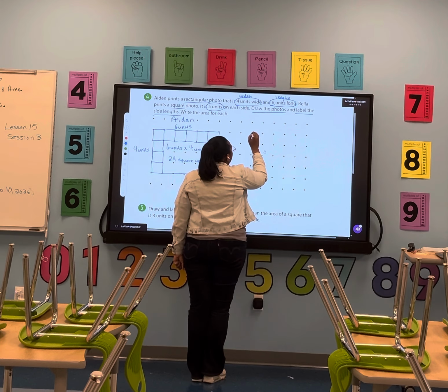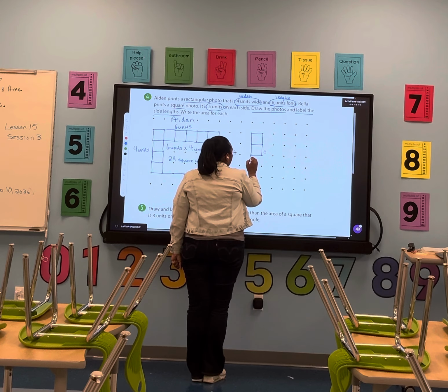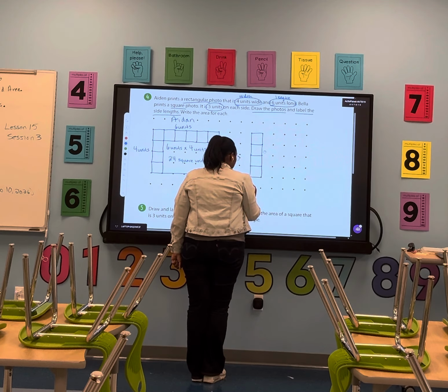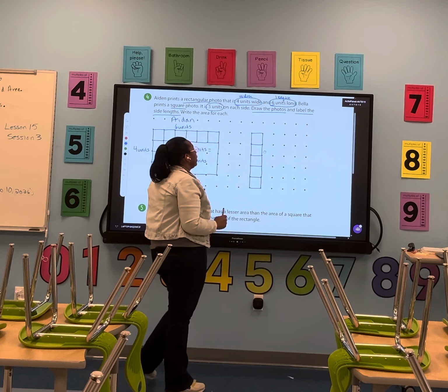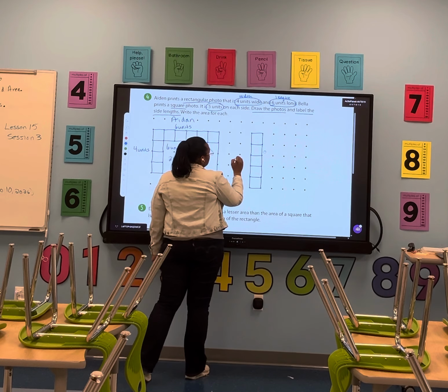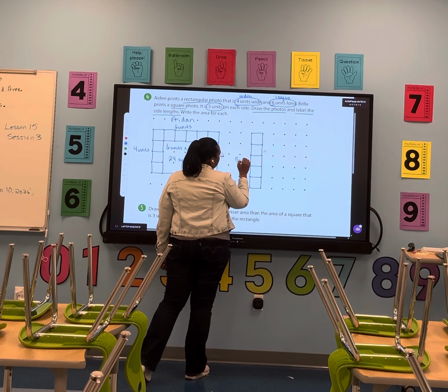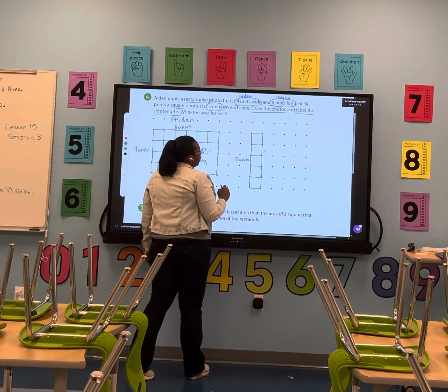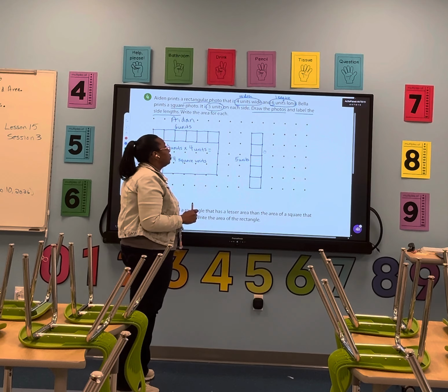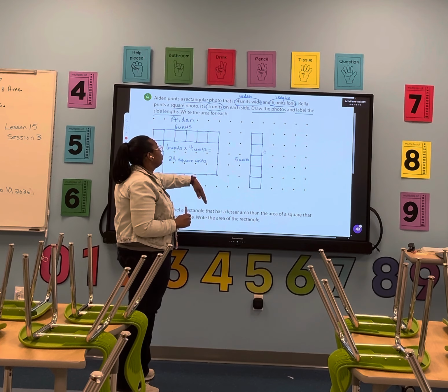This is 1 square, 2 squares, 3 squares, 4 squares, 5 squares. All right, that's 5 squares, and I'm going to label it because they asked us to label, so this is 5 units.